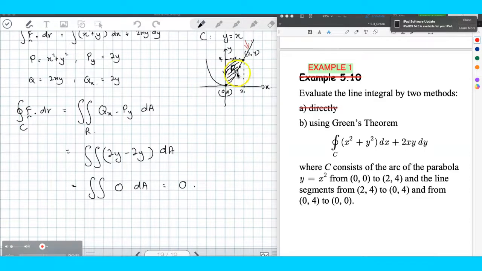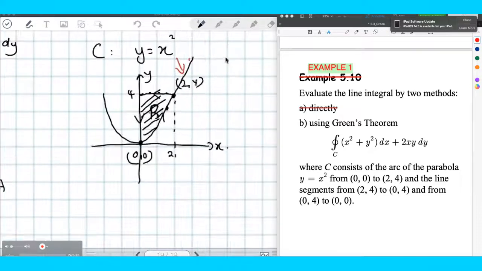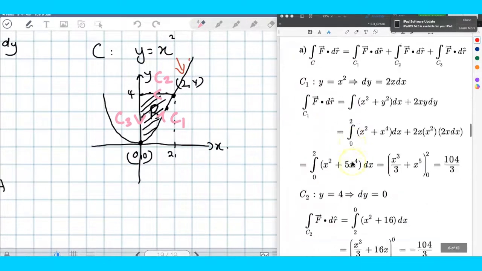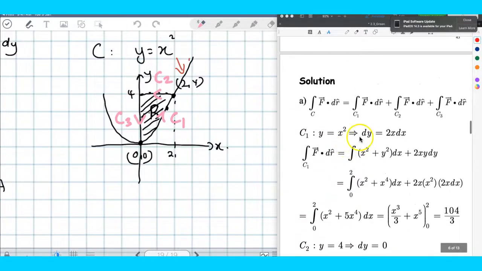So you got 3 curves, right? This one C1, this one C2, and this one C3. So you will have to obtain 3 different line integrals, which is a waste of your time, where actually it is provided in the notes.